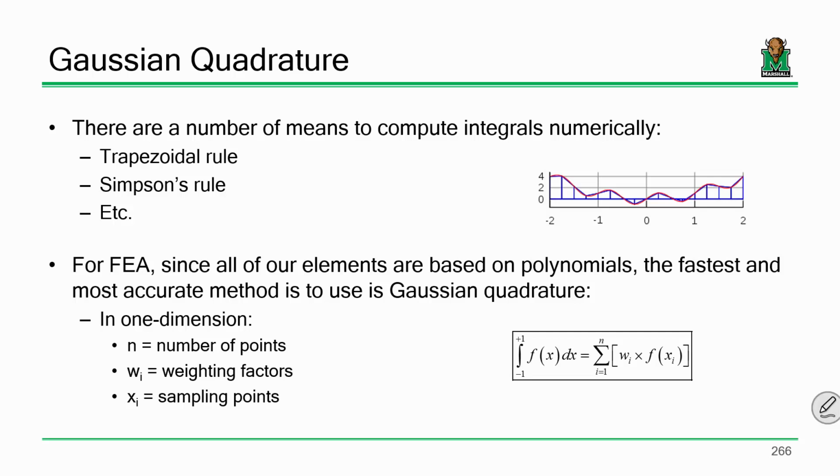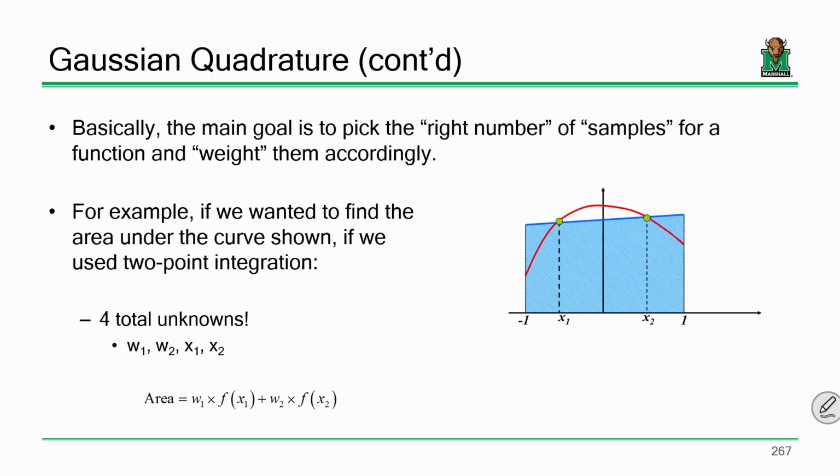Now that sum is a function of weights and sampling points, okay? I'm going to, here in a little bit, just give you the weights and the sampling points. Nudge, nudge, wink, wink, I kind of already have because they're in your email. I emailed them to you earlier. But I want you to at least have a general understanding as to where they come from, okay?